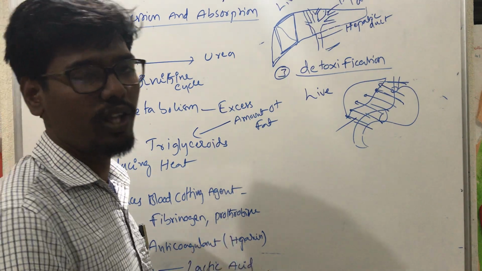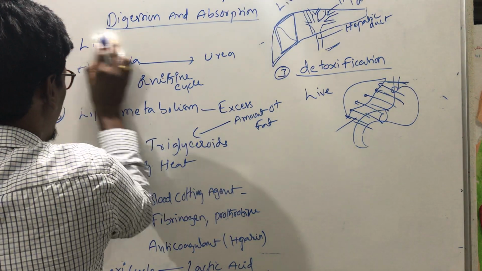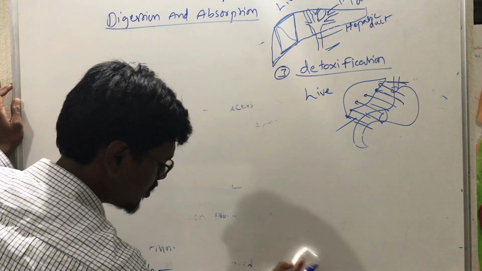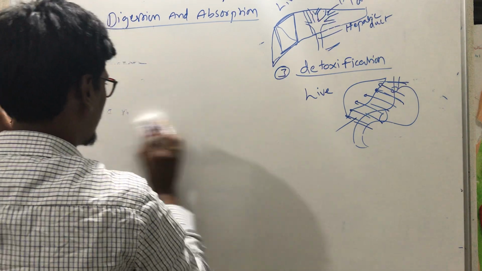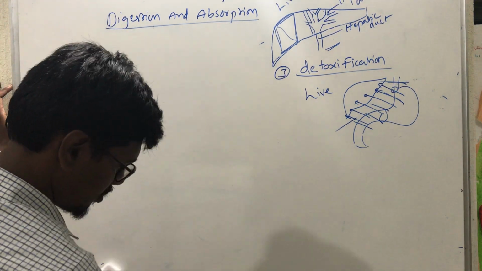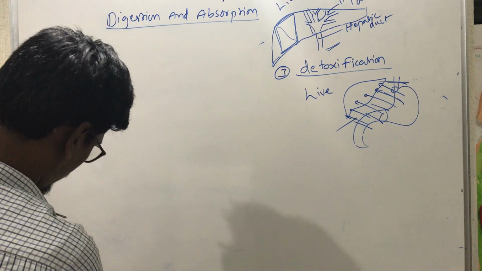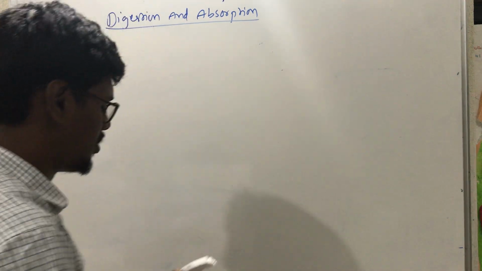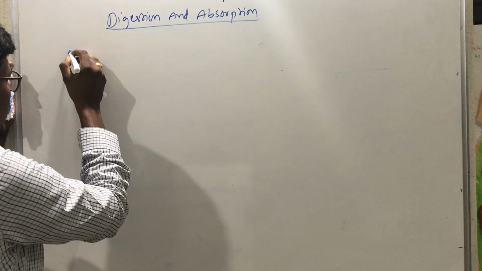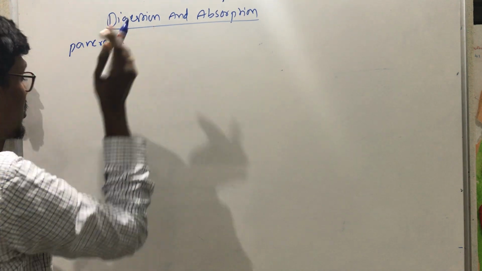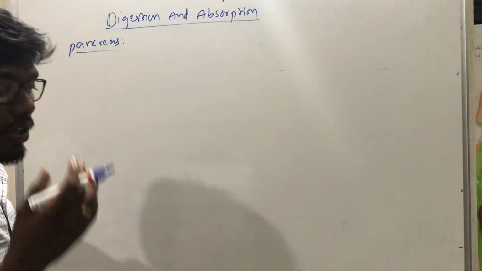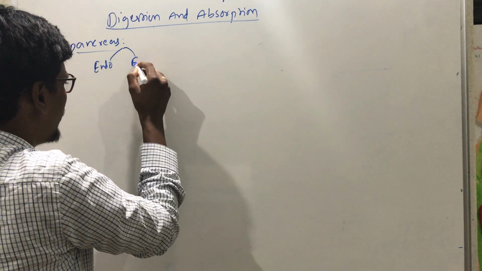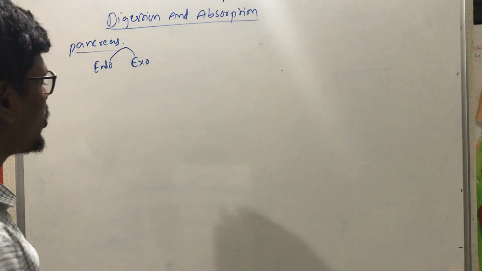Next, coming to the pancreas. The pancreas acts as both endocrine and exocrine gland, so it is also called a mixed gland.